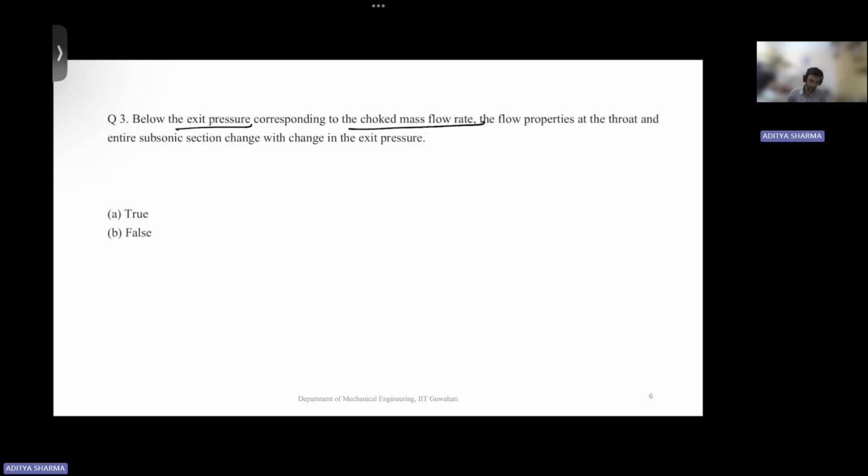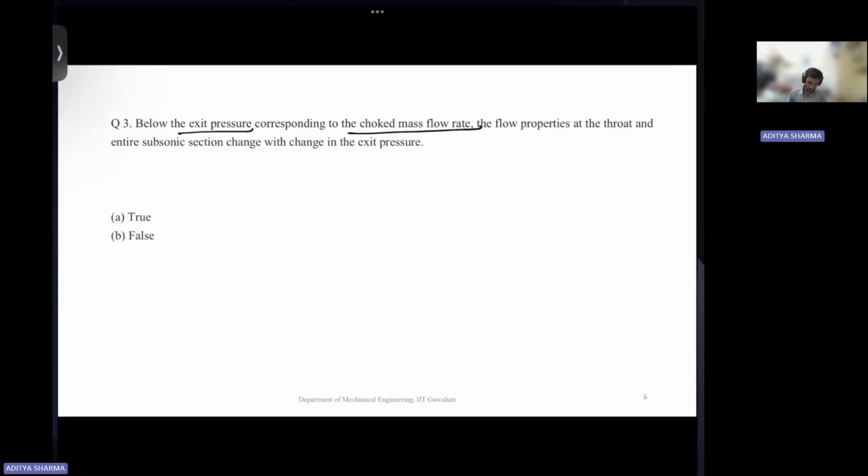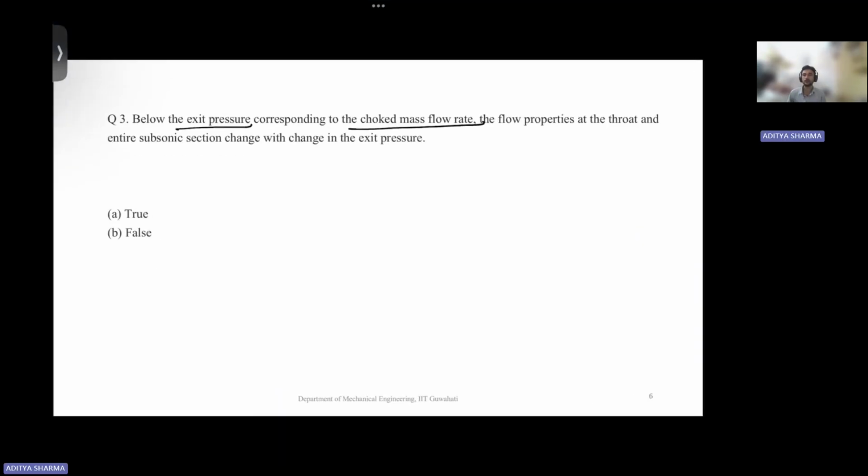Now, for question number 3, we want the exit pressure to be lower than PE3. It says that the flow properties at the throat and entire subsonic section change with change in the exit pressure.